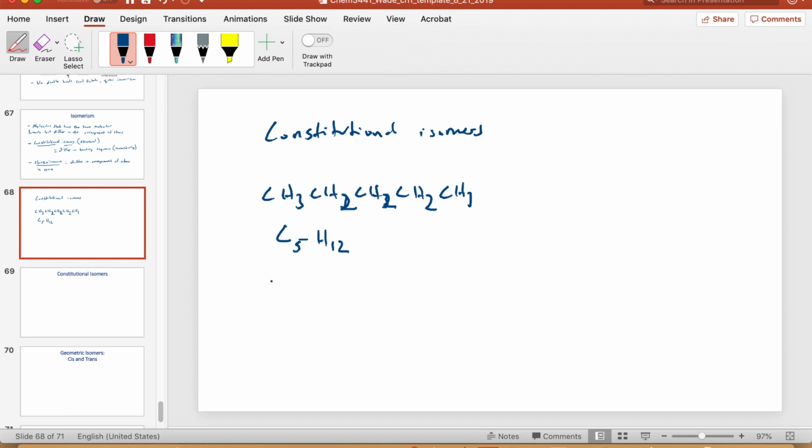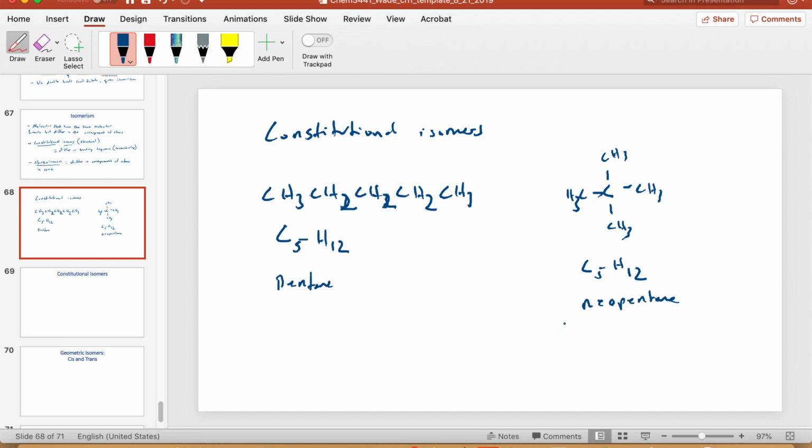And this would be pentane. But I can still have other structures that have the same formula here, but look different than this. So for instance, here I have C5, still have 12 hydrogens, but this is definitely different than the other one, right? So this one will be called neopentane. And this will be an example of a constitutional isomer, right?